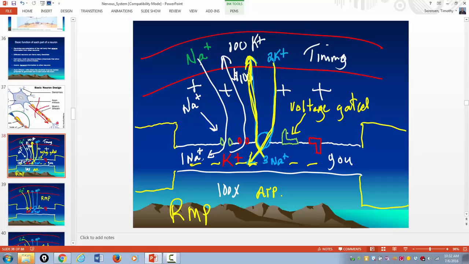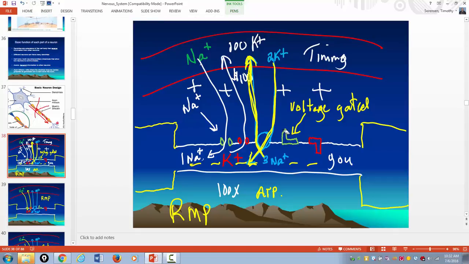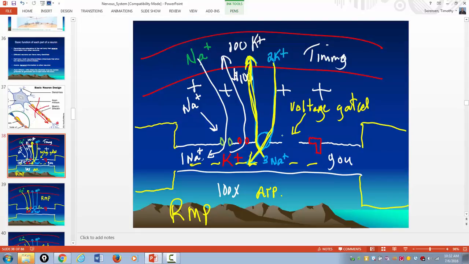So if a sodium voltage gated channel opens, and you can open it, or at least I can, simply by taking this eraser and erasing it, see? When you open that up, that means tons of sodium rushing into that node, and that's going to make the charge inside that cell much more positive.